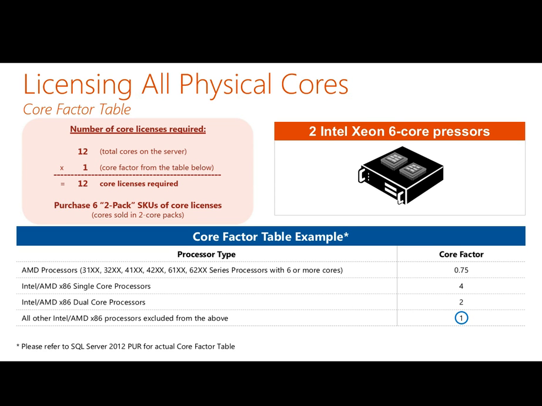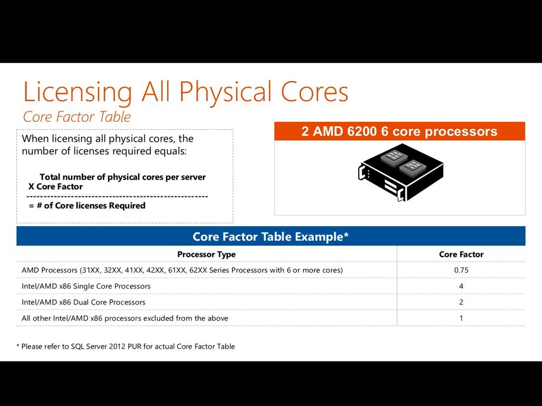Let's do another example. This time we have 2 AMD 6200 6-core processors. First step, determine it's an AMD 6200 processor. Second step, the total number of cores is 12. Third step is the core factor. It's an AMD 62 series, so the core factor is 0.75.